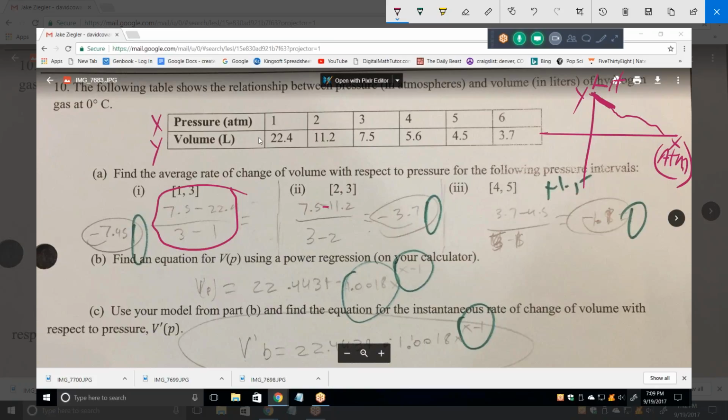Tell me when you have it on and you're looking at the main menu. All right. Go down to that fourth thing where it said add lists and spreadsheet. Click enter. You should have a blank spreadsheet.